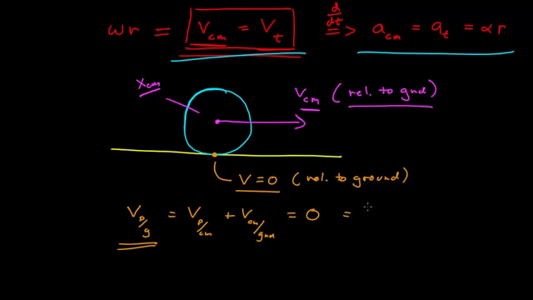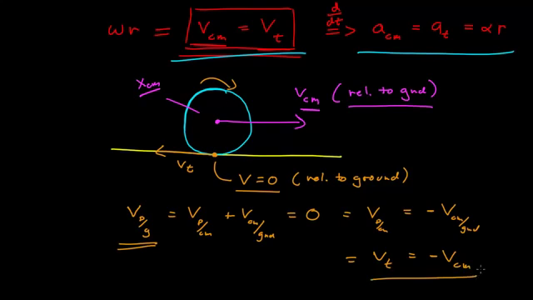So the velocity of the point relative to the center of mass is equal in magnitude and opposite in direction to the velocity of the center of mass relative to the ground. This is just the tangential velocity, so the tangential velocity is equal to negative the velocity of the center of mass, the tangential velocity of that point of this object rotating here in a clockwise direction.